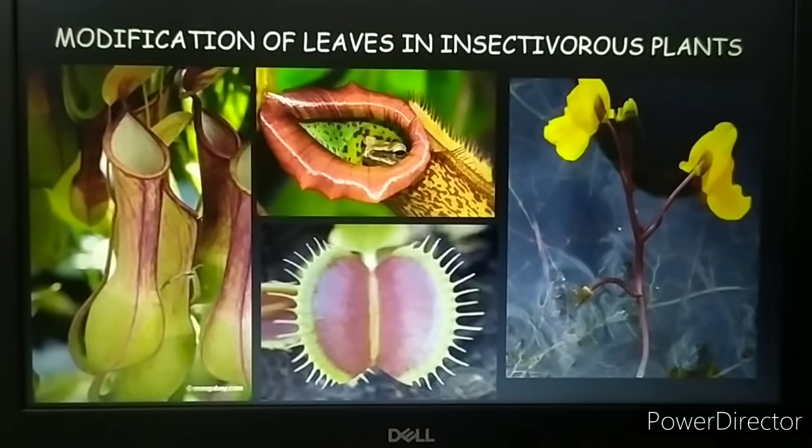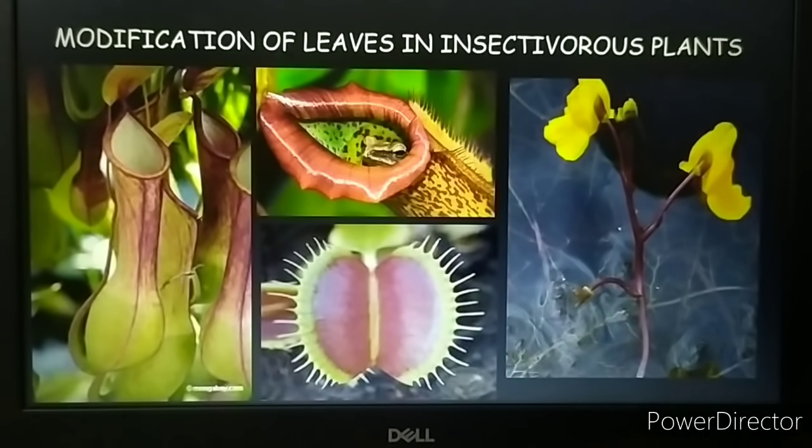So these plants trap and digest insects for their protein requirement. Therefore, we call these plants insectivorous plants. Because they eat insects, we can also call them carnivorous plants. The examples which we have in our syllabus are Venus flytrap, pitcher plant and bladderwort.